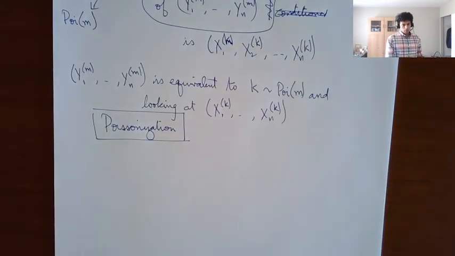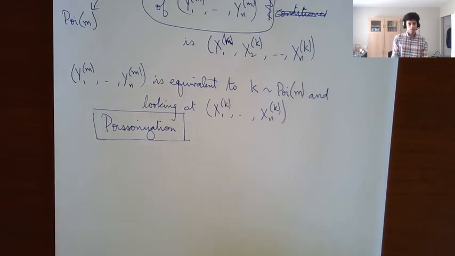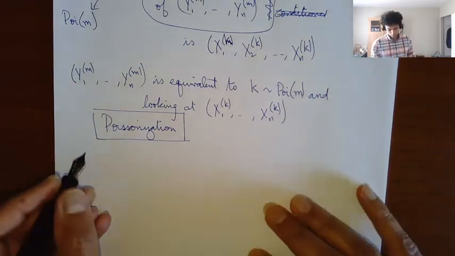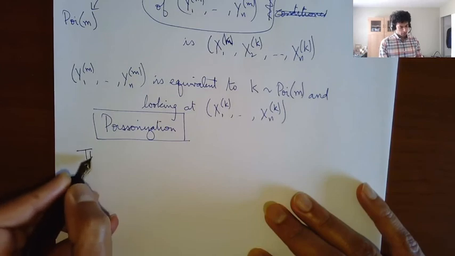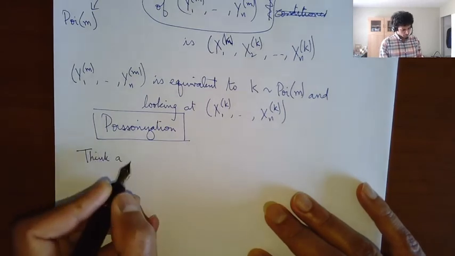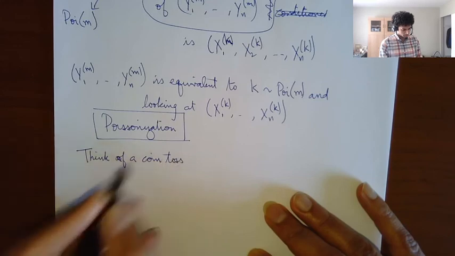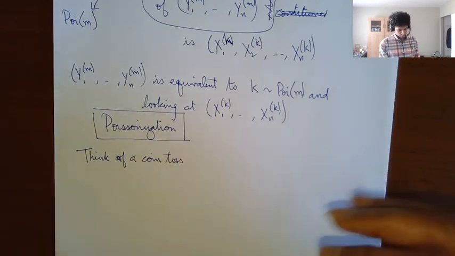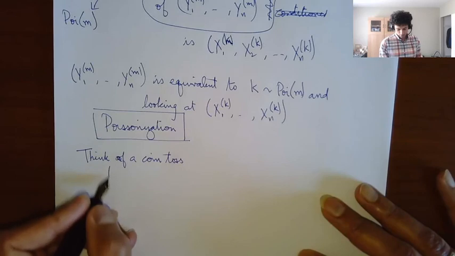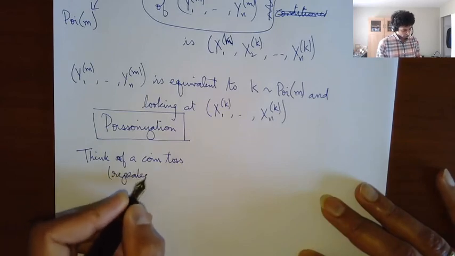Sometimes you keep looking at the math and the magic will elude you. So let me tell you something which, if you think about it, will really blow your mind. Think of a coin toss, and repeated coin tosses.